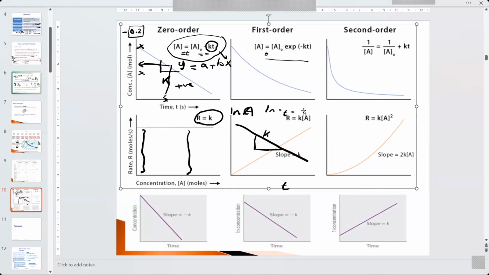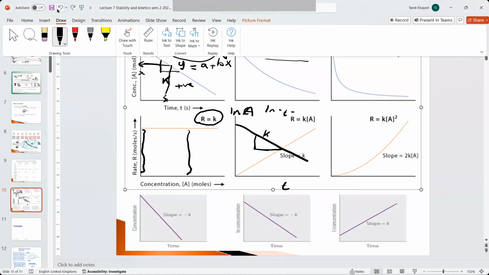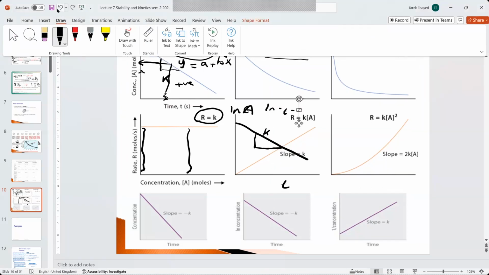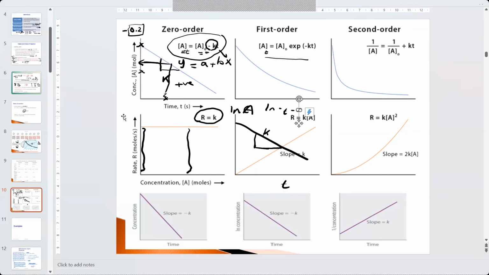So from this equation, how do we understand it?